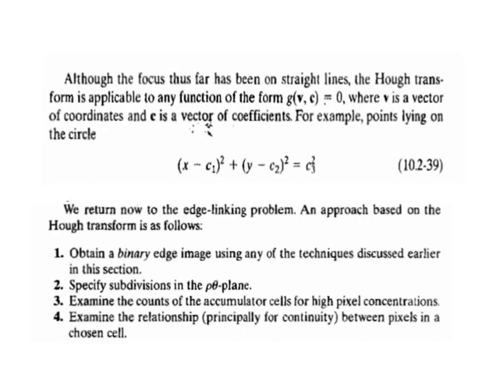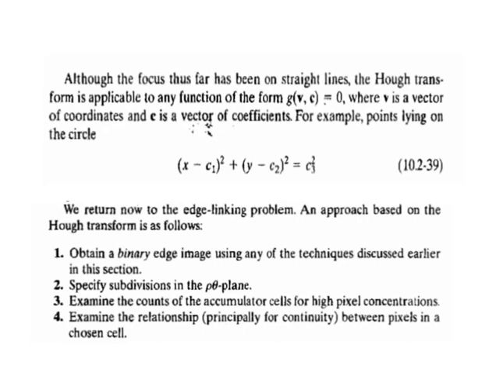The difference is the presence of three parameters, that is c1, c2 and c3, which result in a 3D parameter space with cube-like cells and an accumulator of the form A of i, j, k. The procedure is to increment c1 and c2, solve for the c3 that satisfies the above equation, and update the accumulator cell associated with the triplet c1, c2, c3.